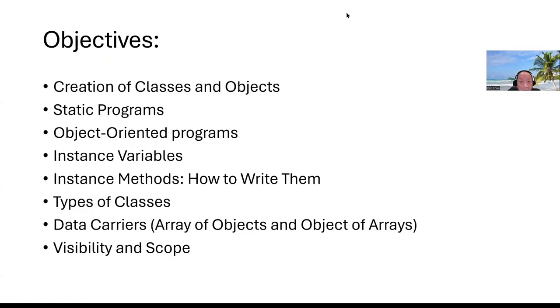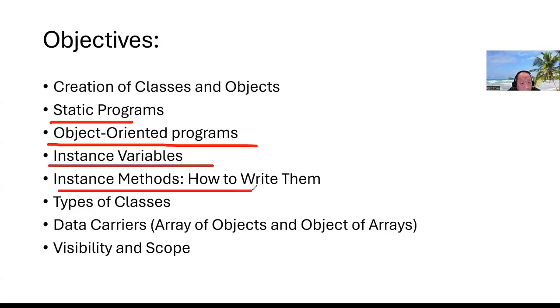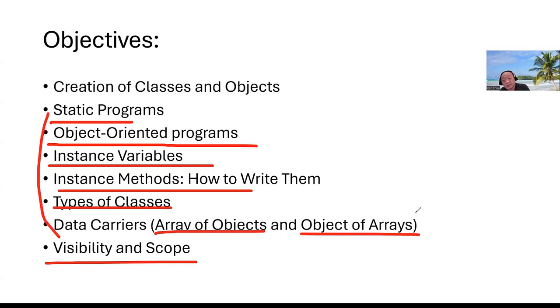Also, we will talk about what is static, what is object-oriented programming, what is an instance variable, what is an instance method, what are the types of classes, what is readability and scope, and what is the array of objects and object of arrays. These are different topics that we cover in this chapter.